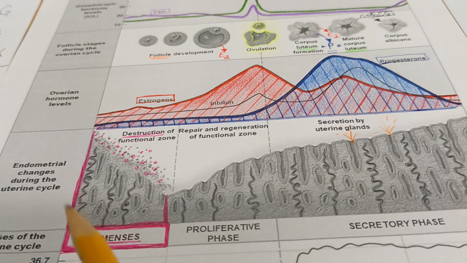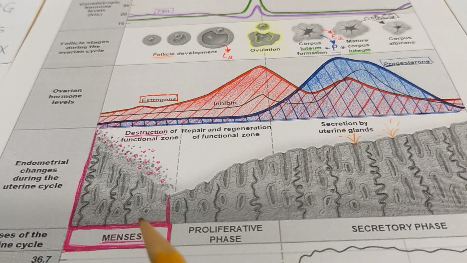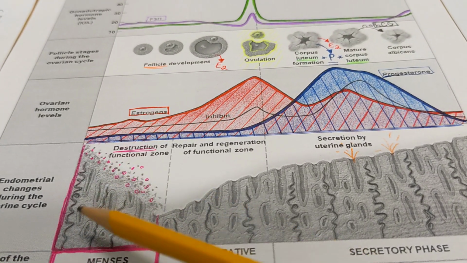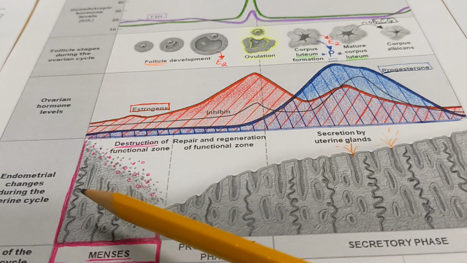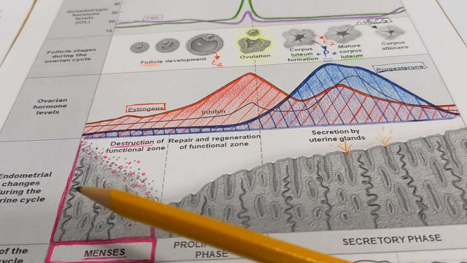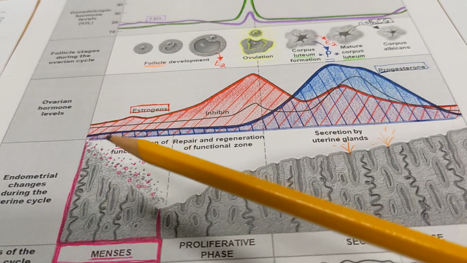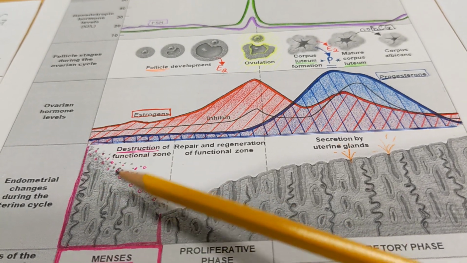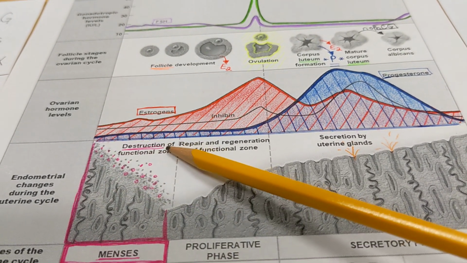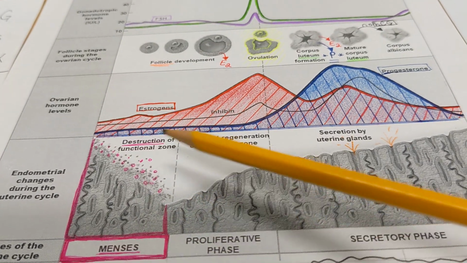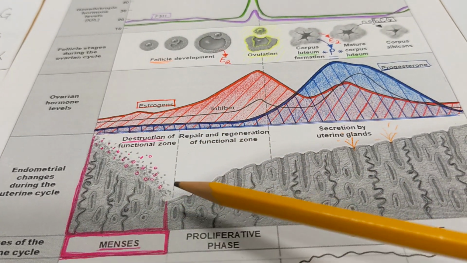What's happening here in the first couple days of the menstrual cycle is that these spiral arteries that are embedded within the endometrial lining of the uterus are going to kink and spasm, and essentially they are going to allow blood to flow out of them, dislodging the tissue of the endometrium that is actively degrading. So this is the destruction of the functional zone of the endometrium, that is, a menstrual period.